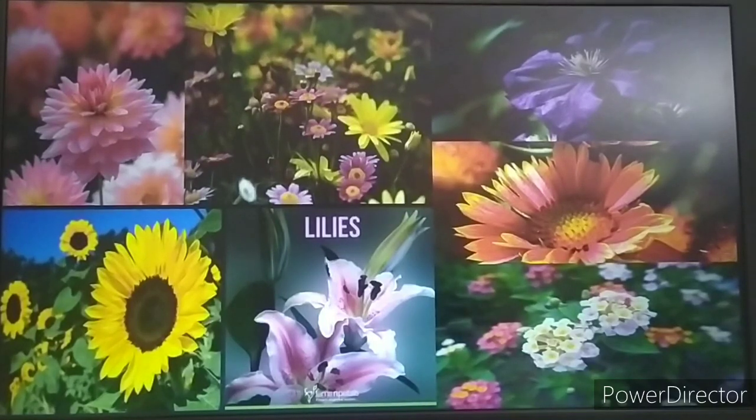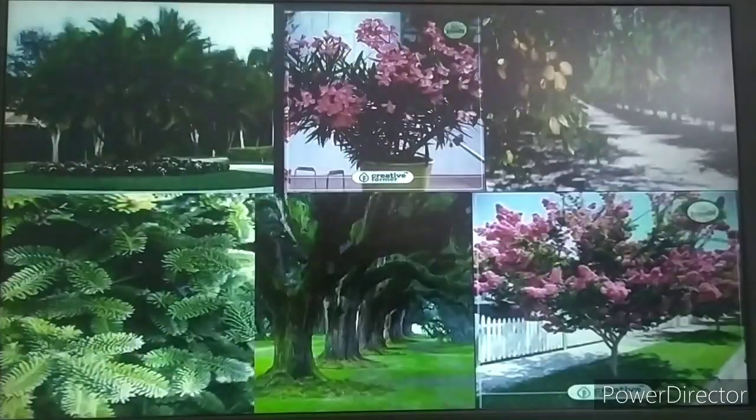Now before moving on, let me ask you a question. Do all plants produce flowers? No. In the previous session, we discussed that there are 2 types of plants, as you can see here also in the module.